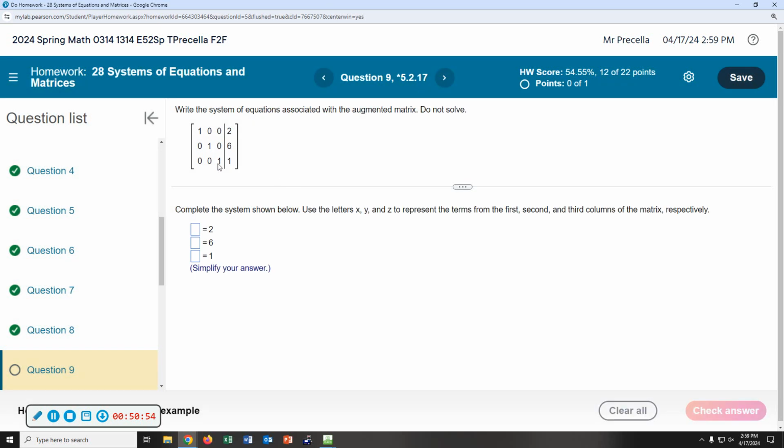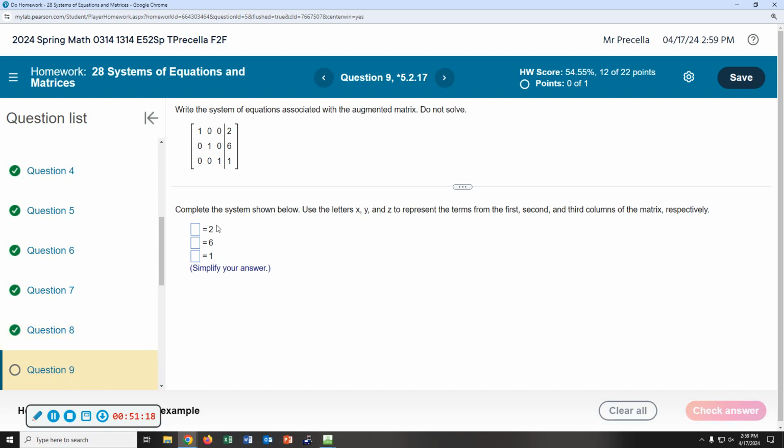Ones down the diagonal, zeros above and below those ones, and then constants by themselves on the right-hand side. Why is this reduced row echelon form desirable? Think about it. I'm going to write this down. This is number 9. Are you seeing what you're going to have here?